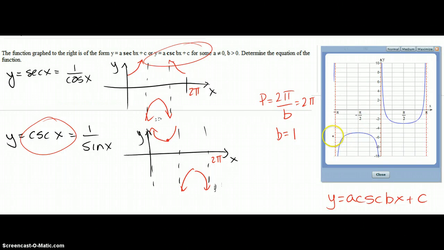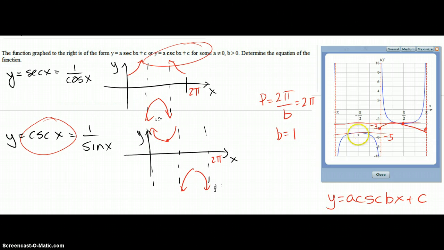The a is how much the cosecant is stretched. So right here, this goes from -3 to -5, right? And again, if you can see here, this would be where the middle spot is. That's 0. That's an asymptote, so that is 0.